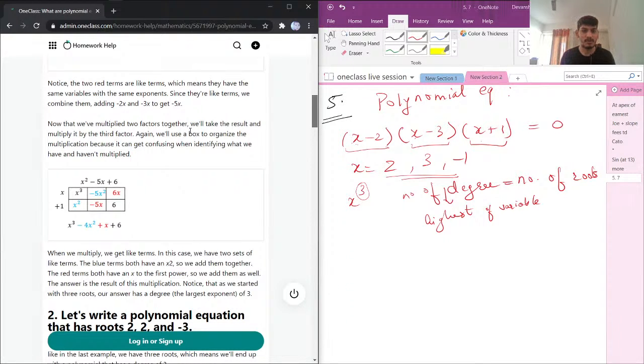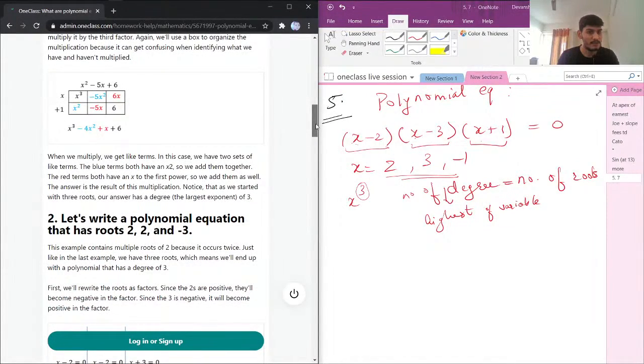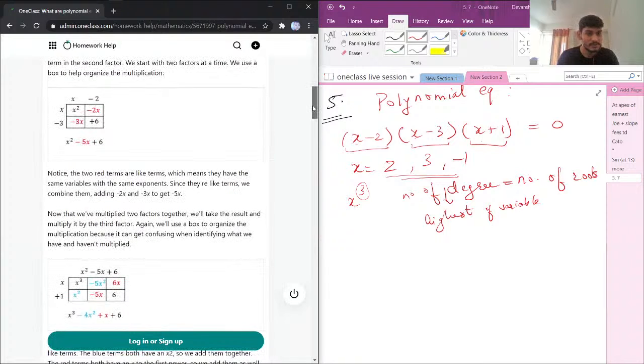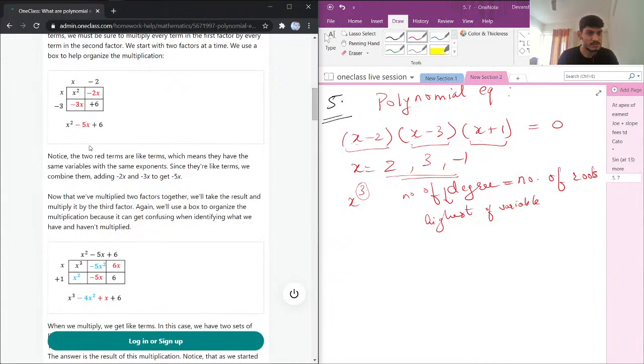Again we'll use a box to organize the multiplication, because it can get confusing when identifying what we have and haven't multiplied. When we multiply we get like terms in this case. So here we are using the same equation as above, x squared minus 5x plus 6.